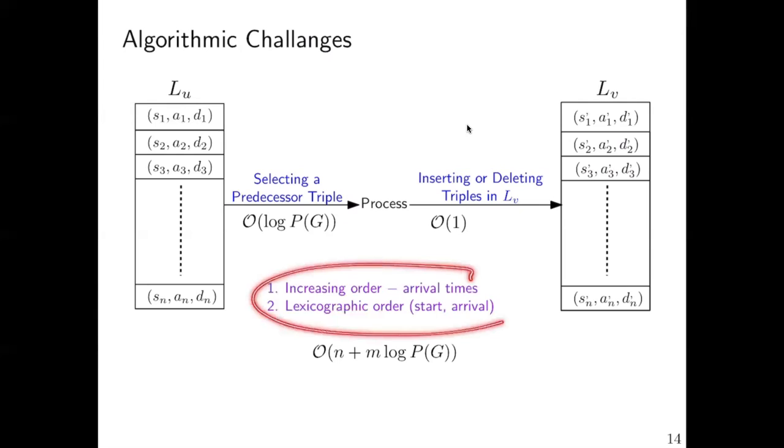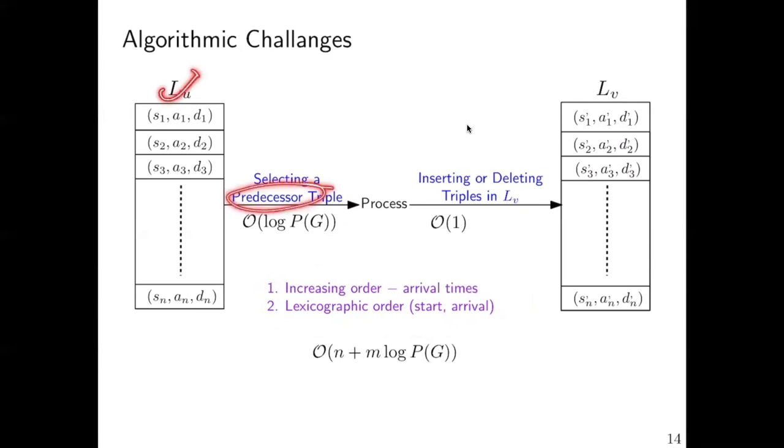Once we implement these two key ideas, we are able to choose a predecessor triple from LU in order of log P_G time. Similarly, if we want to insert or delete certain triples in LV, we are able to do it in constant time.